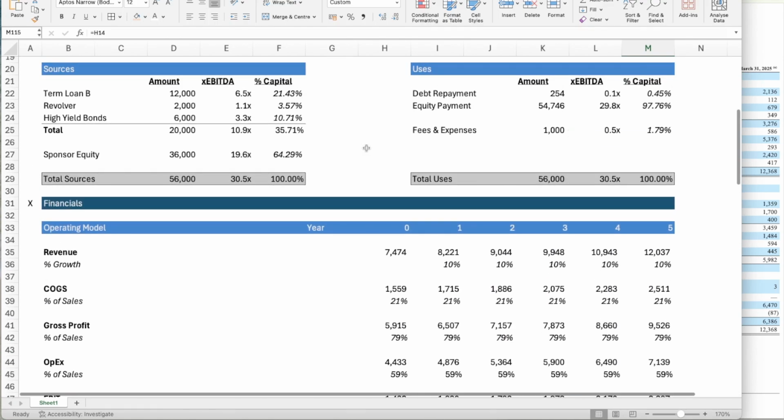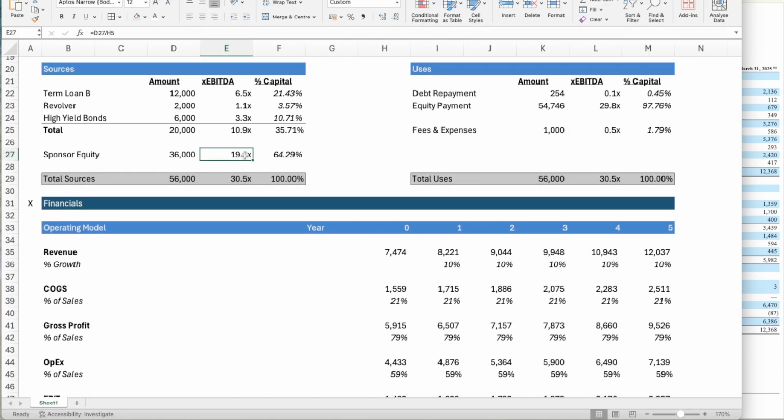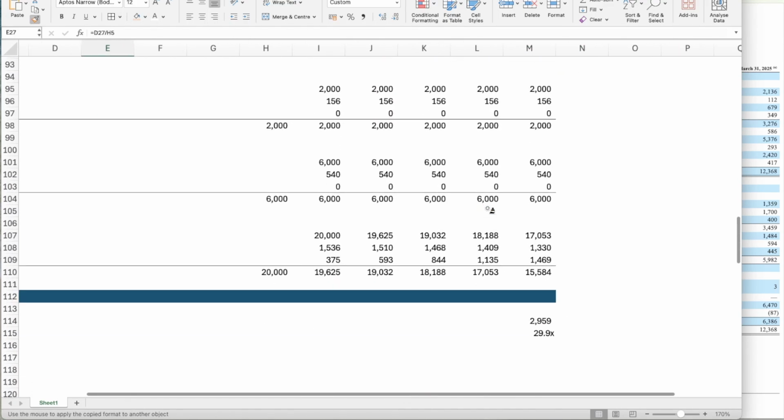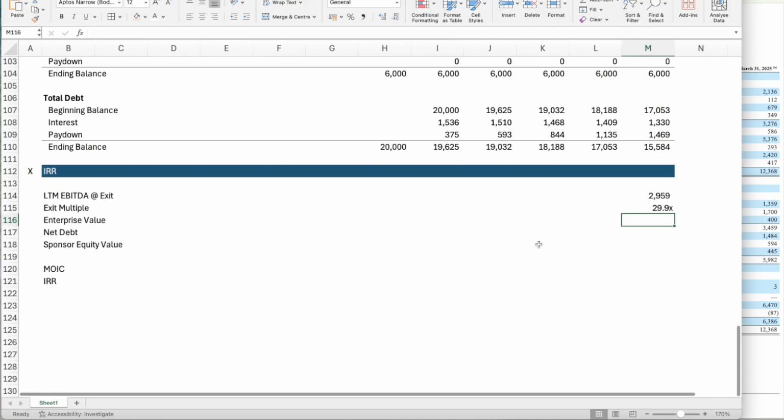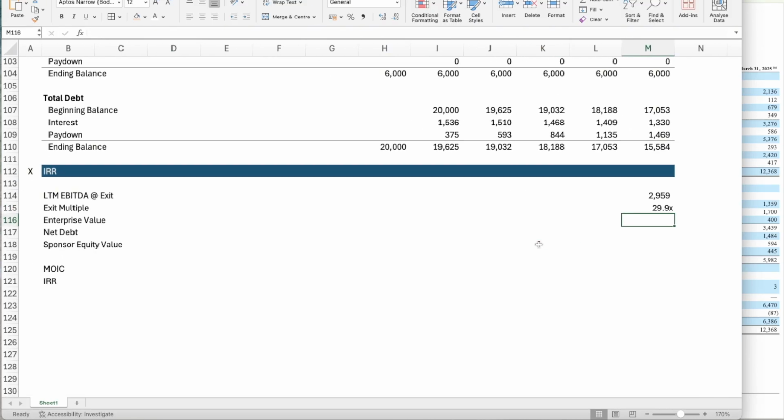Why isn't that working? Okay, yeah, it's good. The enterprise value is the last 12 months EBITDA at exit multiplied by the exit multiple. So 88.5 billion. The net debt we have here.